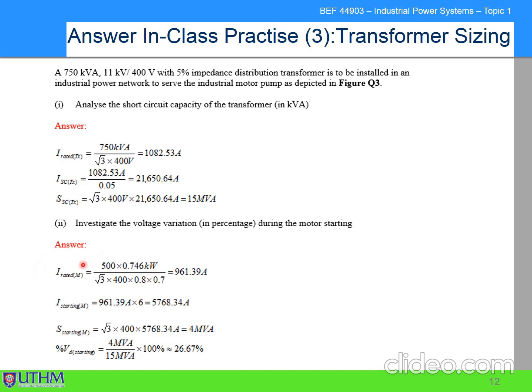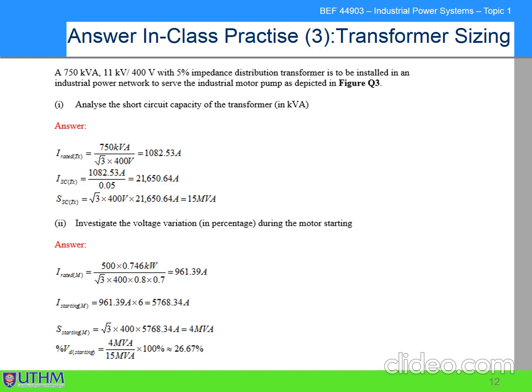There is a 500 horsepower motor, so we times by 0.746 kilowatt to get the value in watts, divide by square root 3, divide by voltage, divide by power factor, and also divide by the efficiency of the motor. So we get the value of I rated.